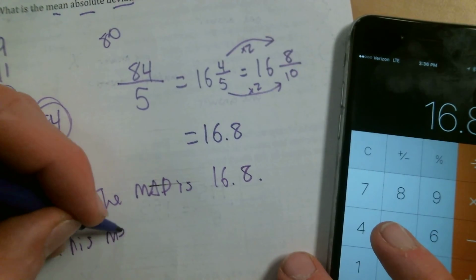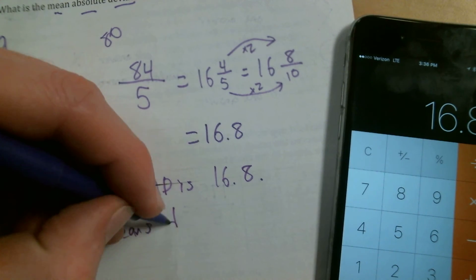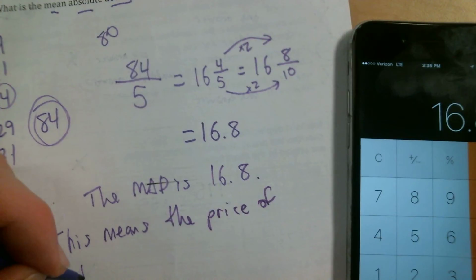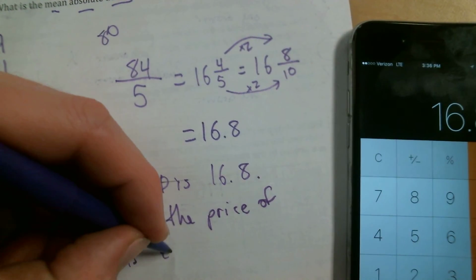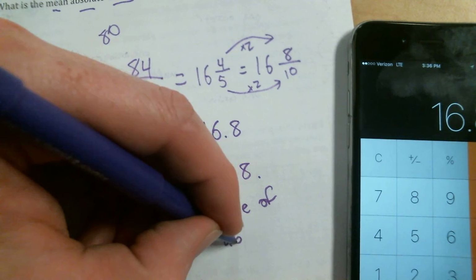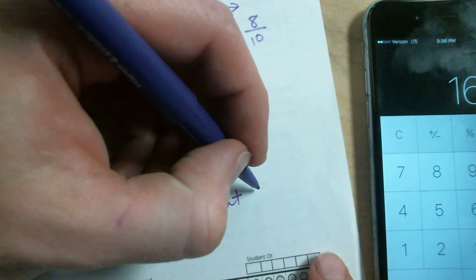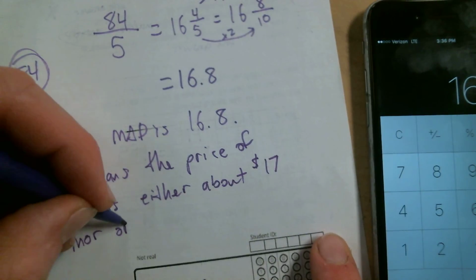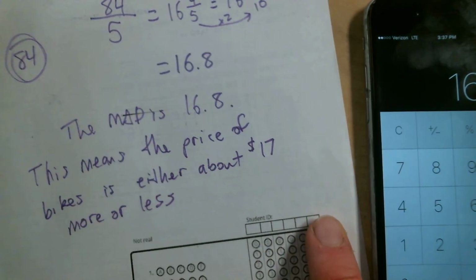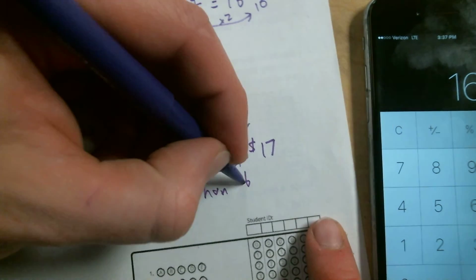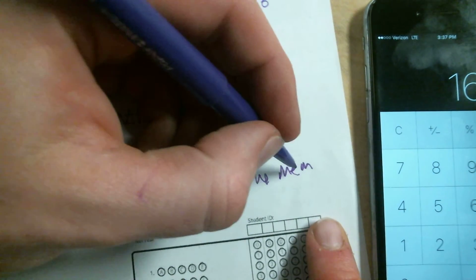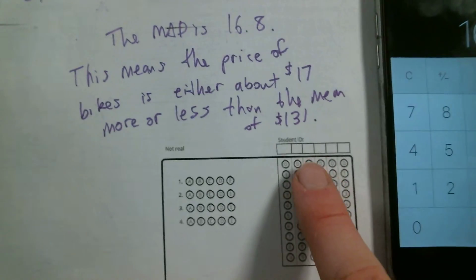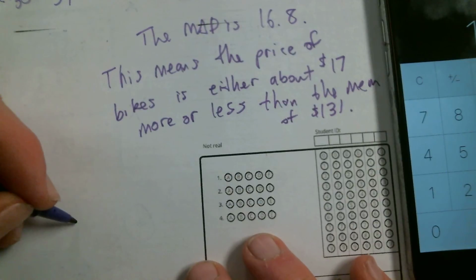This means the price of bikes is either, we'll round here, about $17 more or less than the mean of $131.